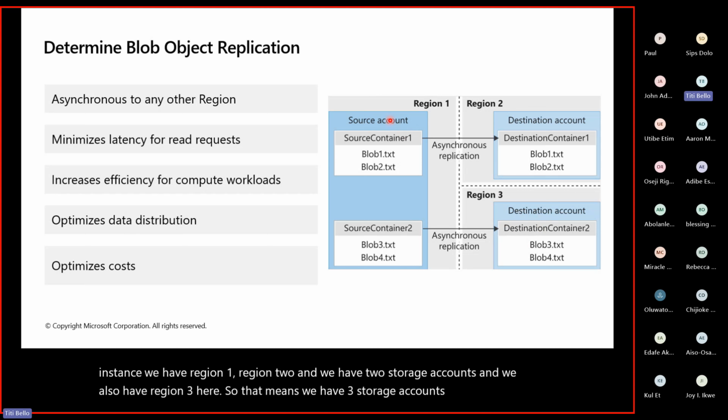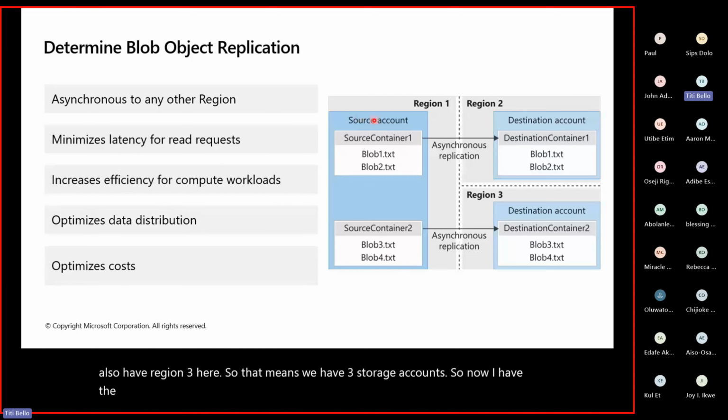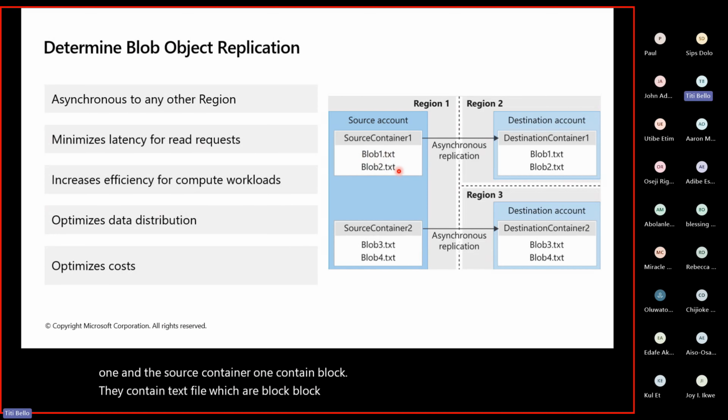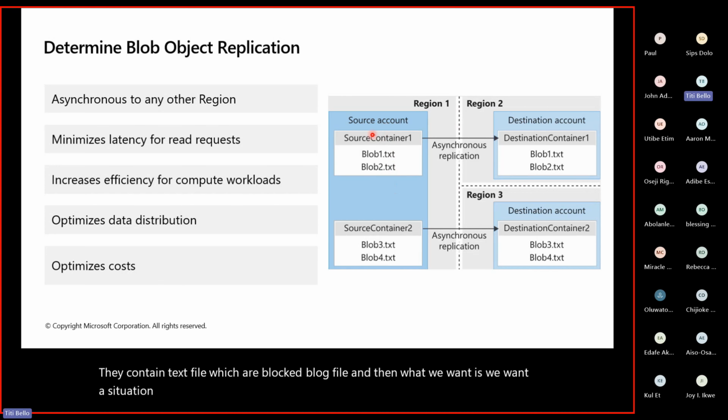I have the source storage account, storage account 1, containing source container 1, and the container holds blobs, which are text files. What we want is for storage account 1 to replicate to storage account 2 in region 2, so that everything in storage account 1 replicates all the time to storage account 2.